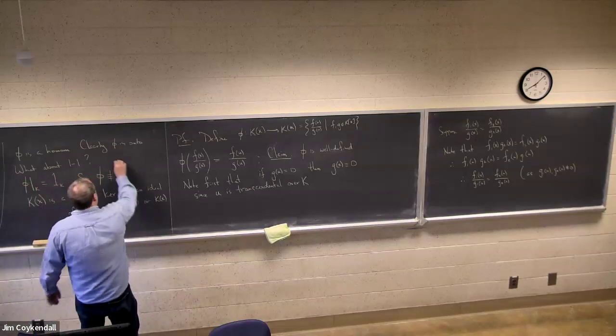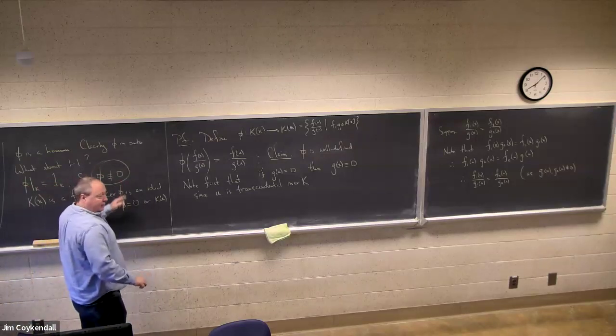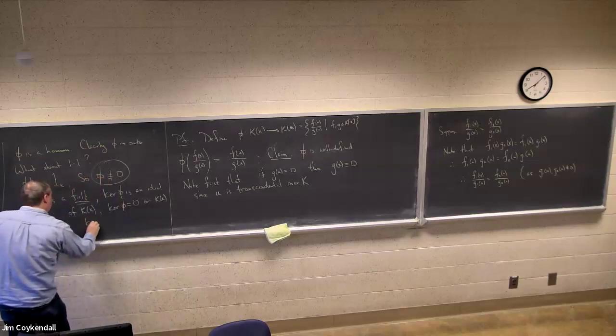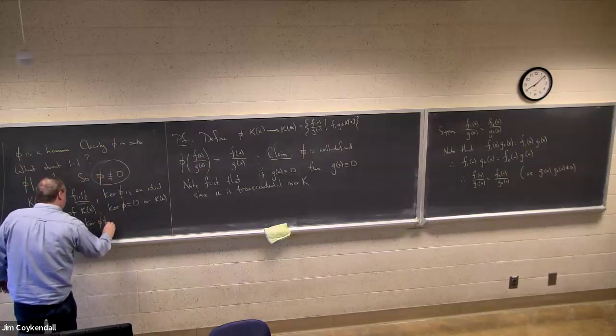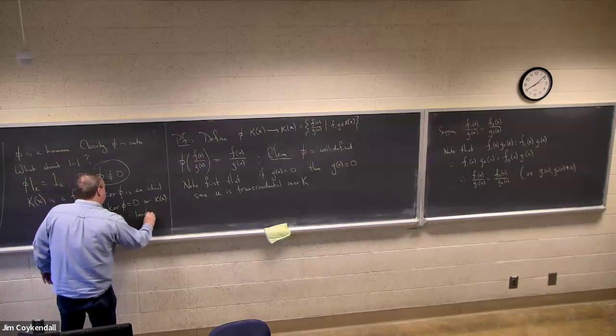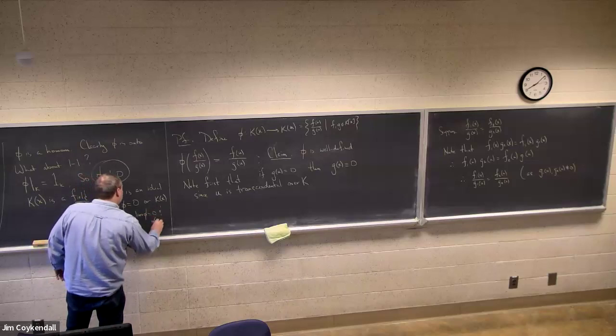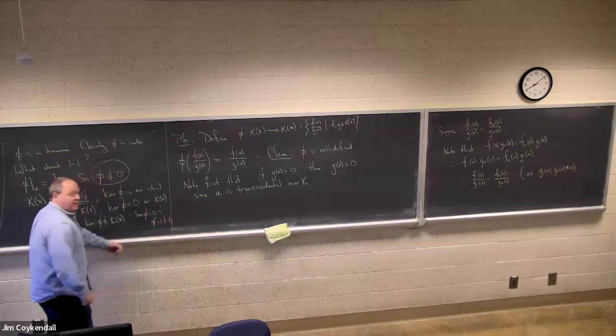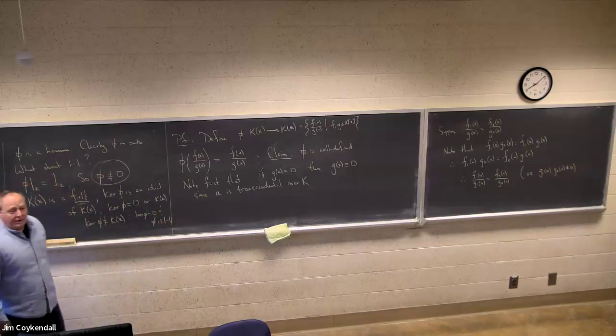But phi is not 0, so the kernel of phi is not equal to K(x). Therefore, the kernel of phi equals 0 and phi is one-to-one. And there you have it. So that's an isomorphism.